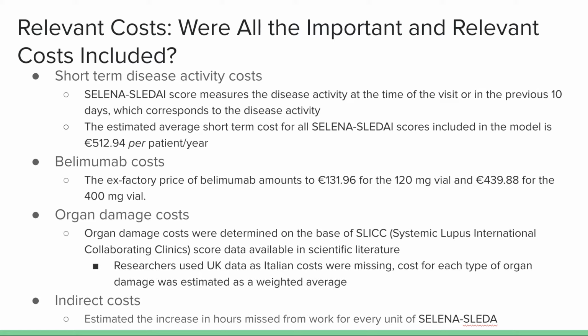For the organ damage costs, they used the Systemic Lupus International Collaborating Clinics data to generate a weighted average of the costs because the Italian data was missing. And lastly, for the indirect costs, they estimated the increase in hours missed from work for every unit of SELENA-SLEDAI.